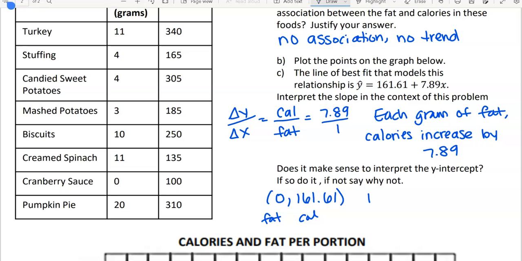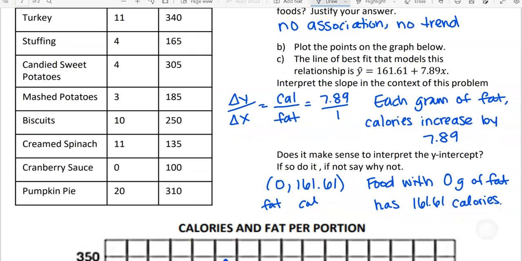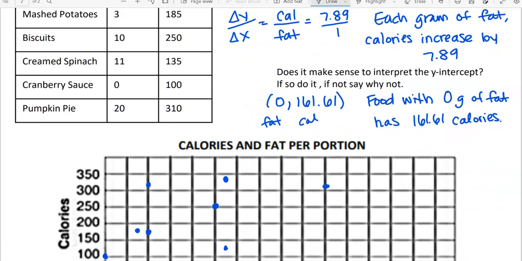It's saying a food with 0 grams of fat has about 161.61 calories.